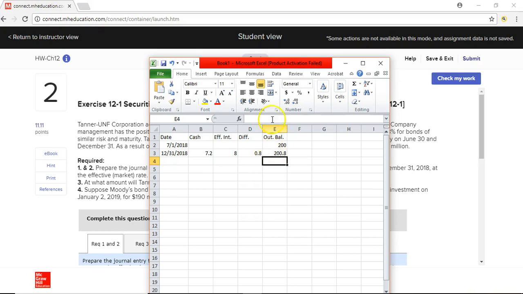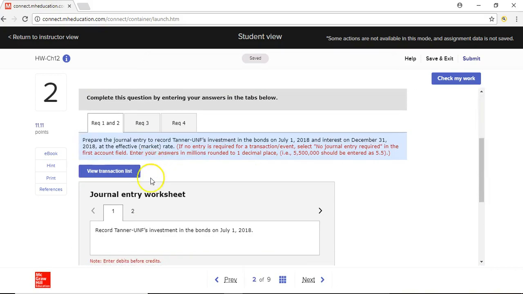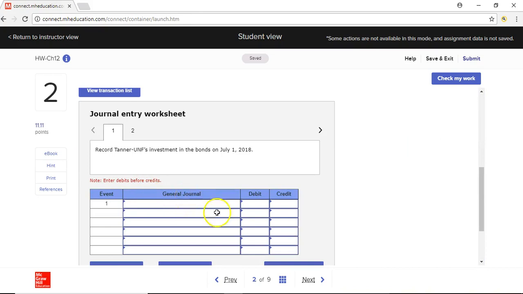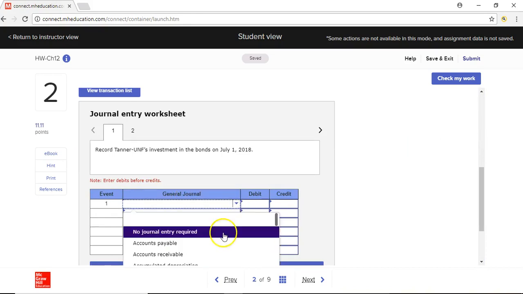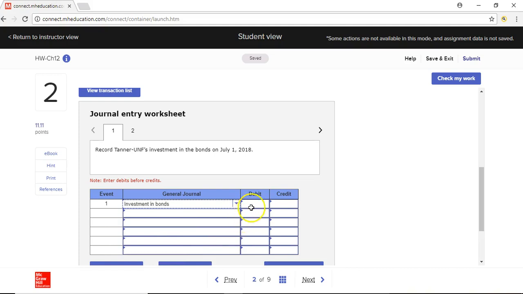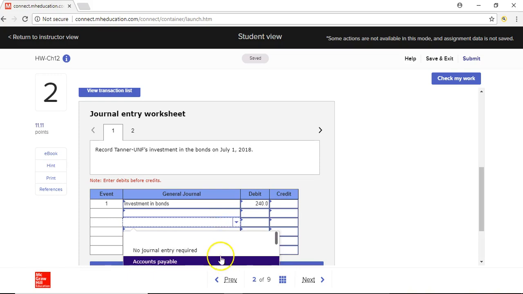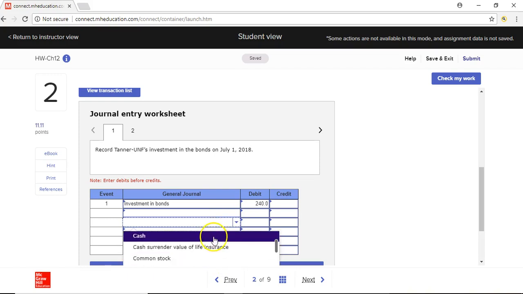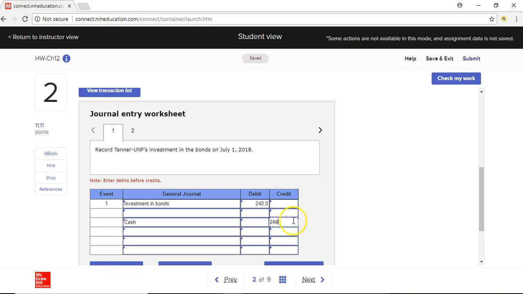So with these two lines, we can do journal entries. First, the purchase of these bonds is an investment. So we debit investment in bonds at face value, $240 million. On the credit side, we pay cash, so we credit cash of $200 million.